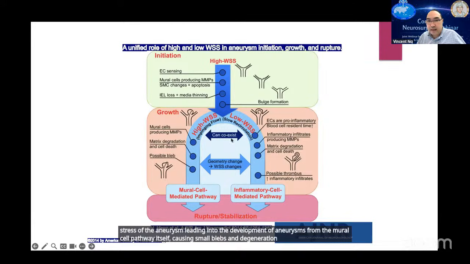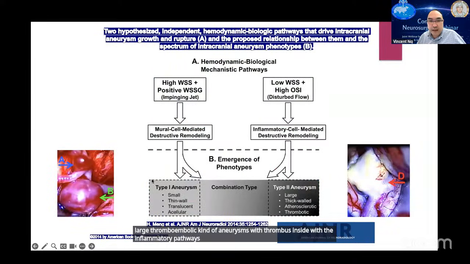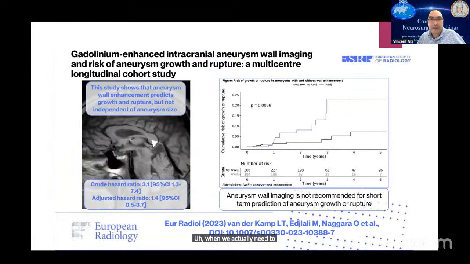In the other, aneurysms with low wall shear stress are pro-inflammatory and lead to giant, larger thromboembolic aneurysms with thrombus inside. These inflammatory pathways lead to two kinds of aneurysm morphology, which is very interesting background on why we see different aneurysm morphology when we actually go into theater to clip it.